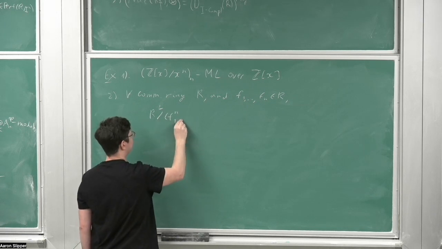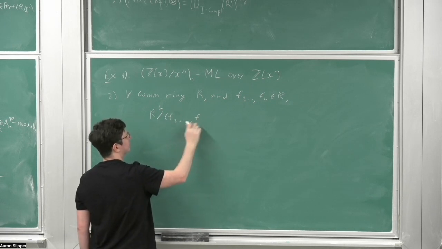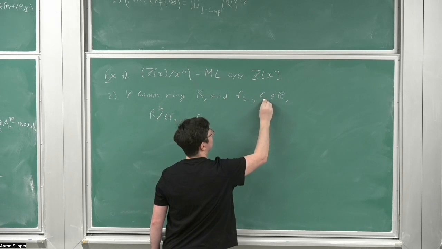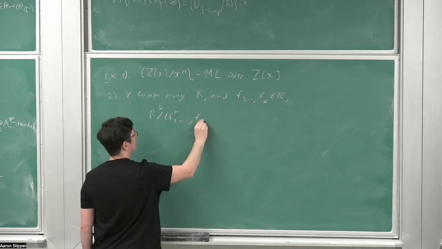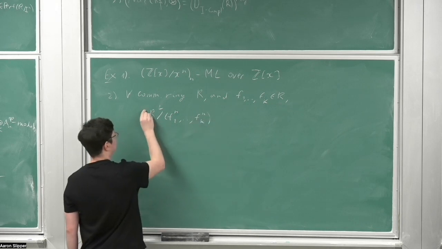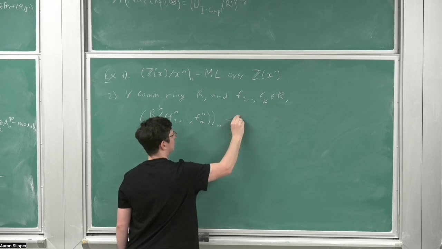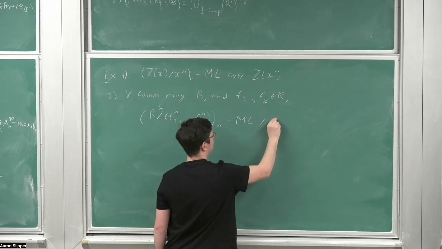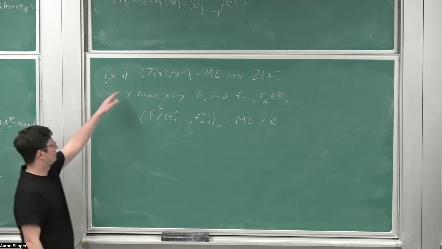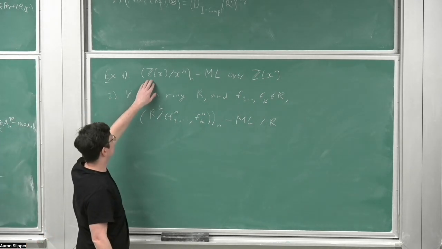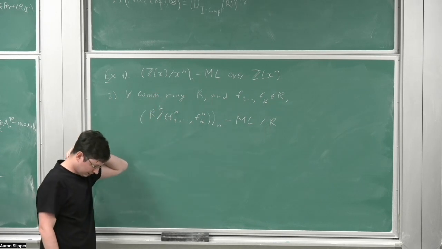We mod out by f1 to the n, ..., fk to the n. So this sequence indexed by n is Mittag-Leffler over R. This is basically just to take the tensor power of this statement, and then base change.